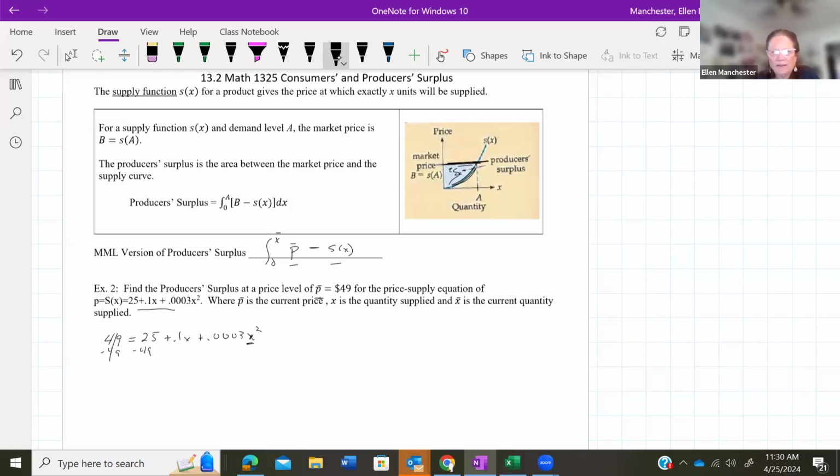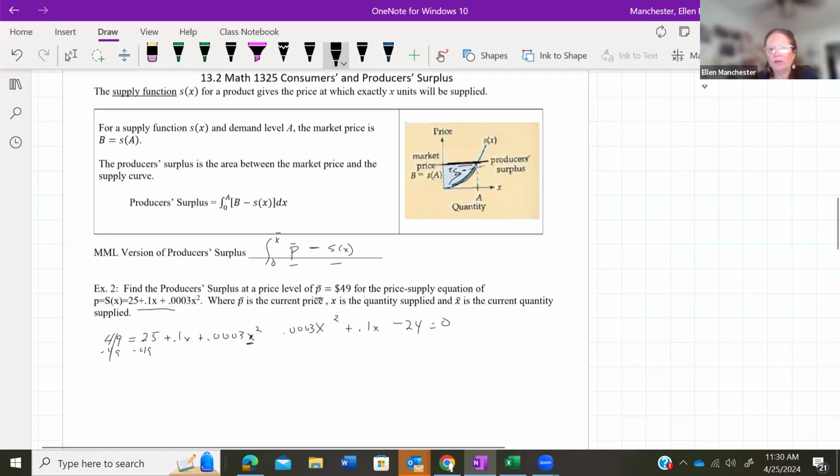So I'm going to rewrite this in descending order. Okay, so here is my function. I can't just solve for x by moving stuff over because I have an x squared. So I have to use the quadratic formula. Let me get this stuff out of the way.